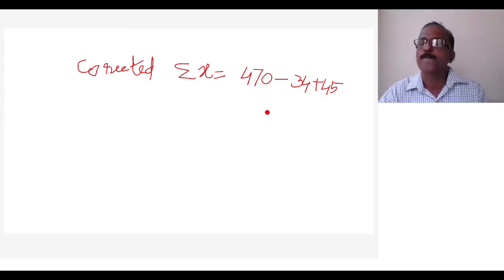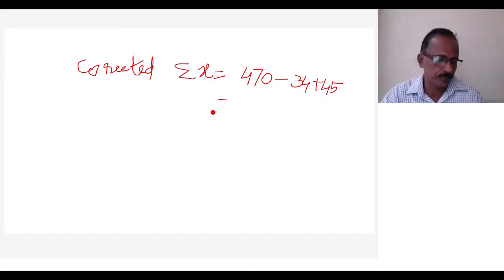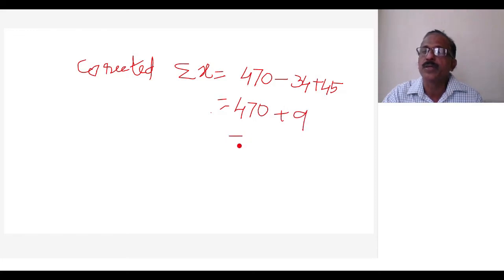That means there is a correction. Sorry, the correction is 43 minus 34 plus 43 added to 470.